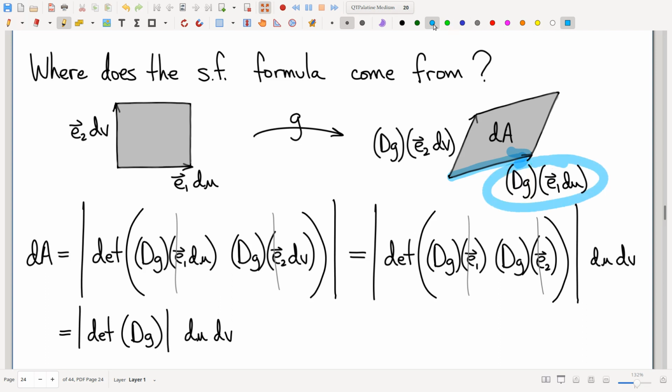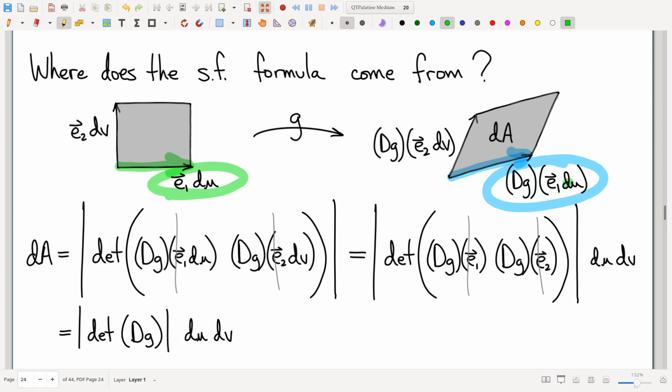Well, recall that's an easy vector to write down. That green vector, its magnitude is du. It's pointing in the E1 direction. That's just an easy little construction. I know its direction, I know its magnitude, I can write it down as a vector.